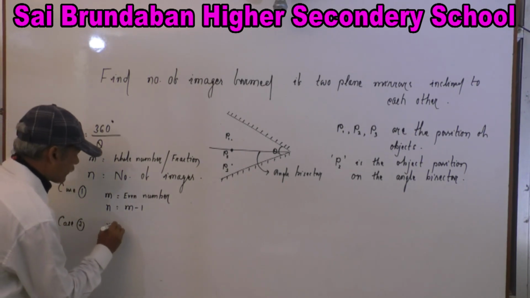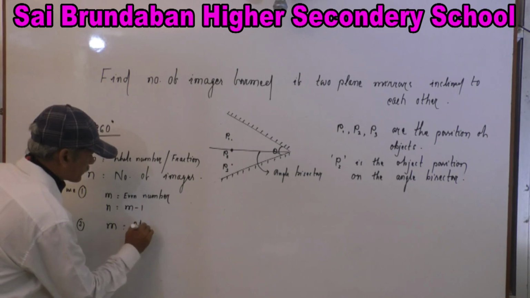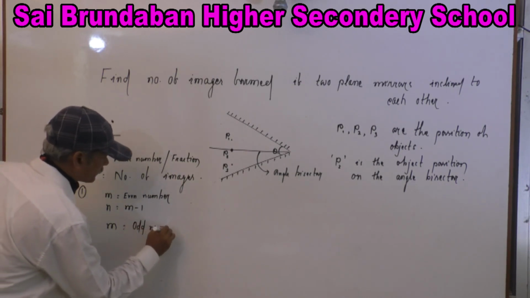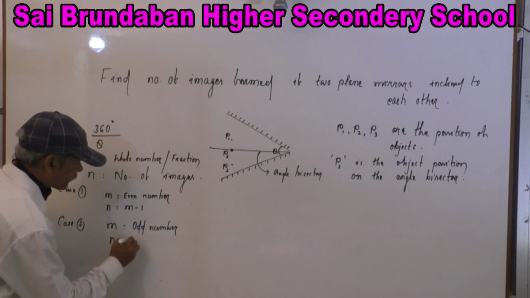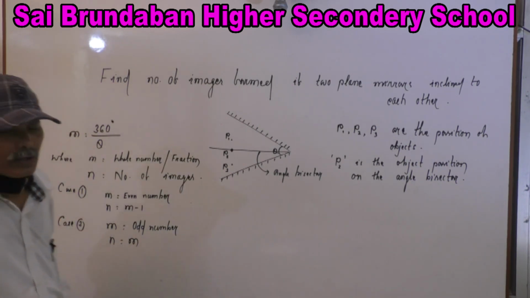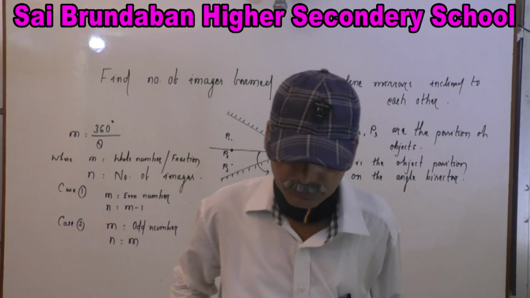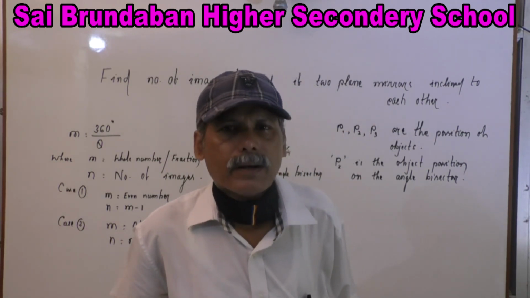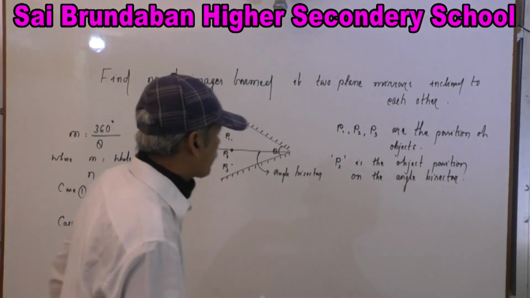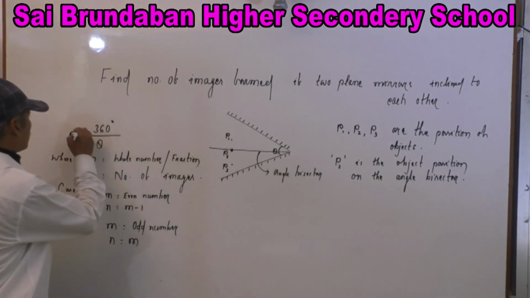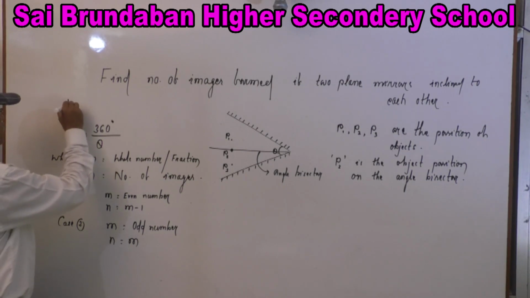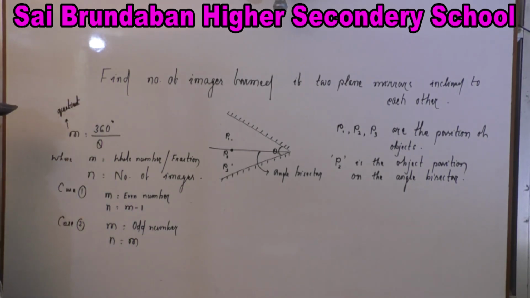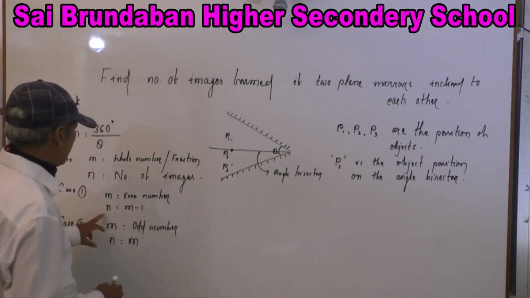M is an odd number. N is equal to M. If M is an even number, then the number of images is M minus 1.